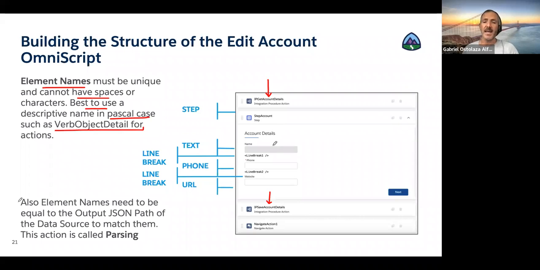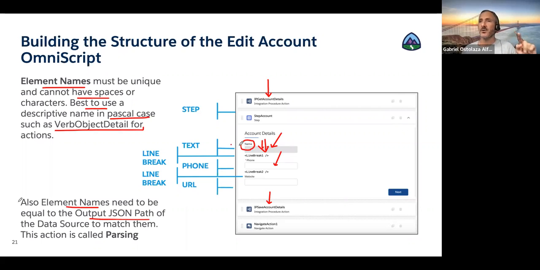However, for the names of the inputs, they must match with the output JSON path of the data source. So if my integration procedure is providing me a JSON node called name, and I want that name to appear in this input, it must be called name. This is the label.